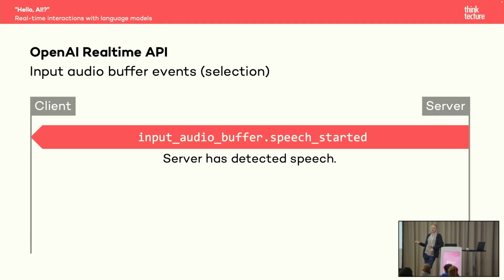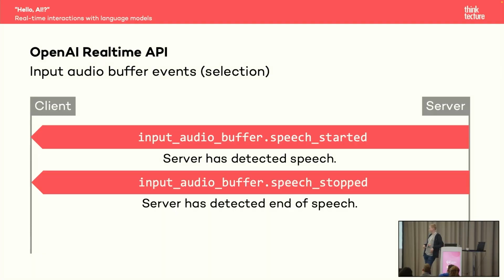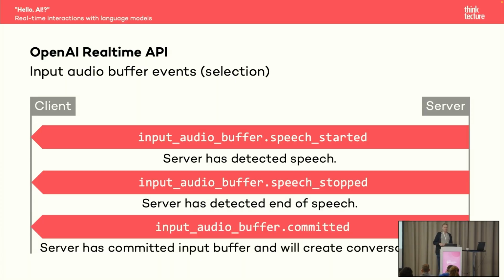So in that case, we know that we are now talking. Speech stopped means that we have stopped talking, and input audio buffer committed is sent when the API has created that conversation item. So when I stopped speaking, it creates the conversation item and adds that to the conversation as we've seen before.